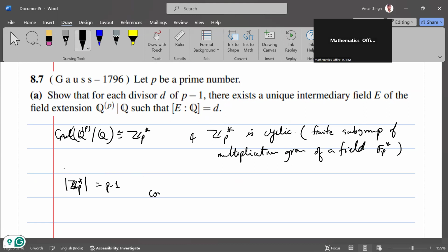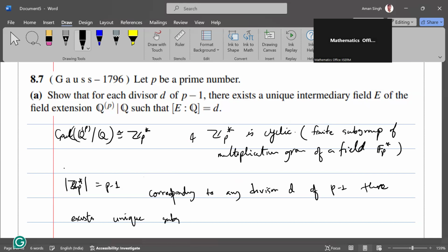So, corresponding to any divisor d of p minus 1, there exists a unique subgroup, because it is cyclic. So for any divisor d of p minus 1, we'll get a unique subgroup of Z_p star of order d.